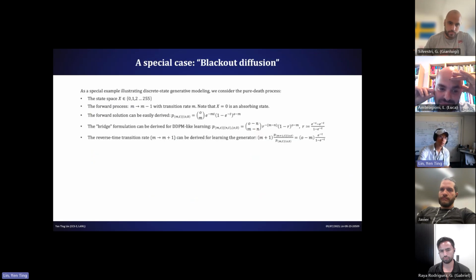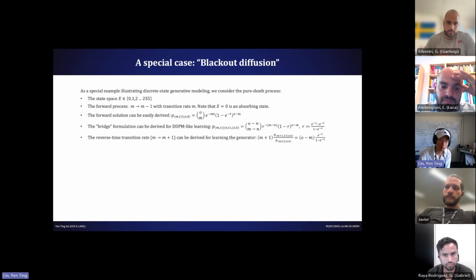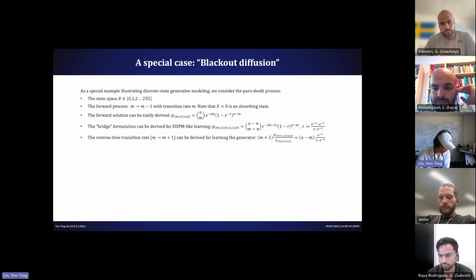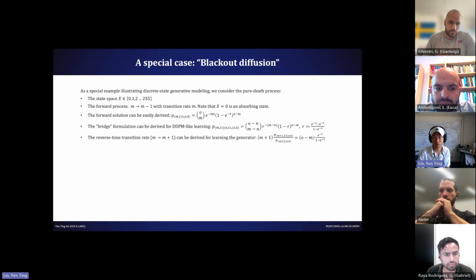Now I'm jumping to the next topic, the more numerical side of things, to convince the community that this can be useful. More than the theoretical sense, we kind of have to construct the process and show that this can learn, right?